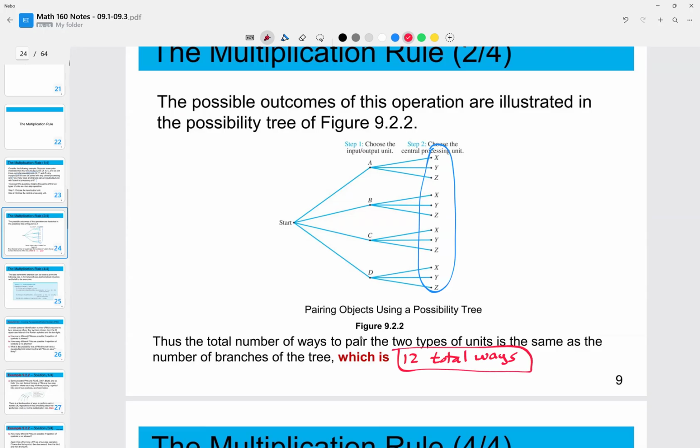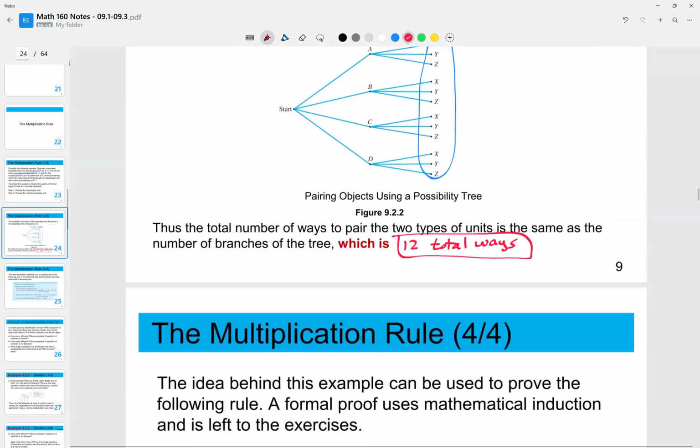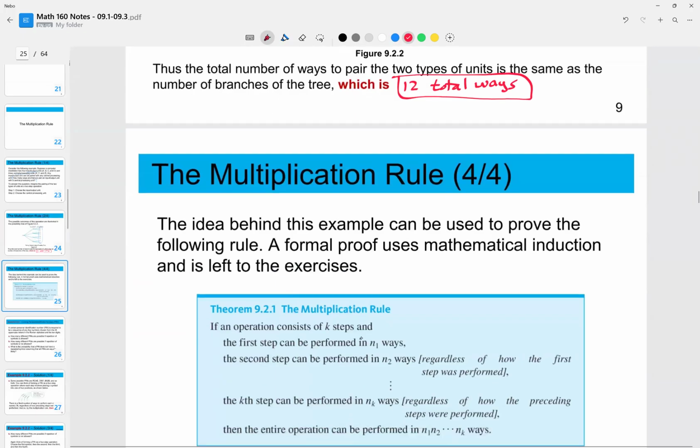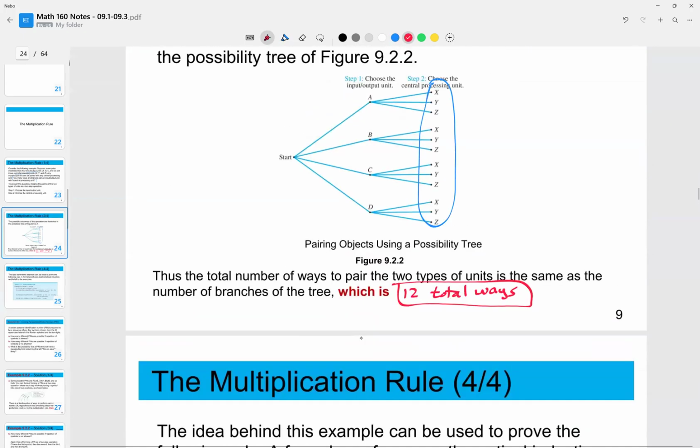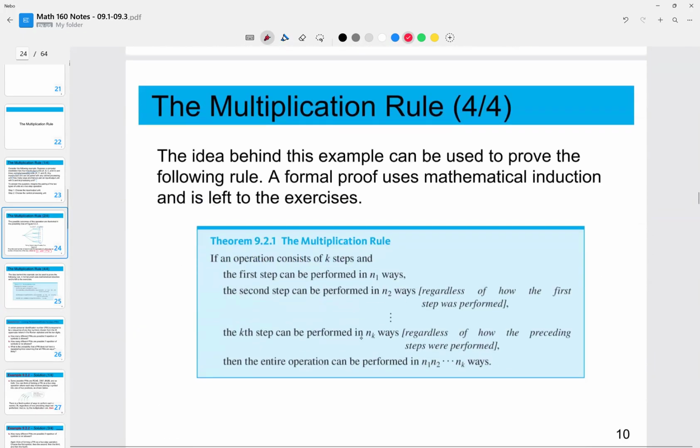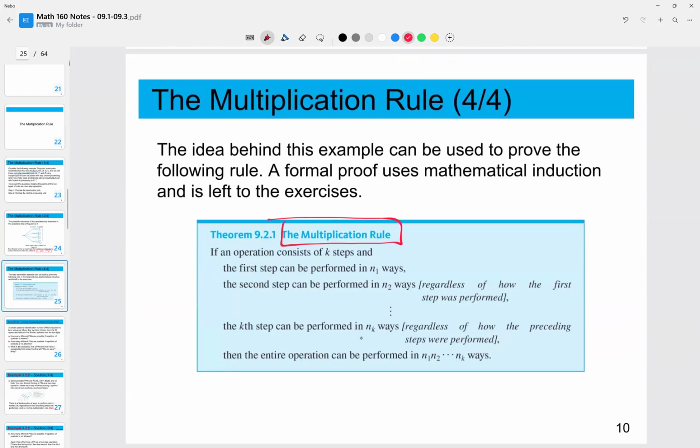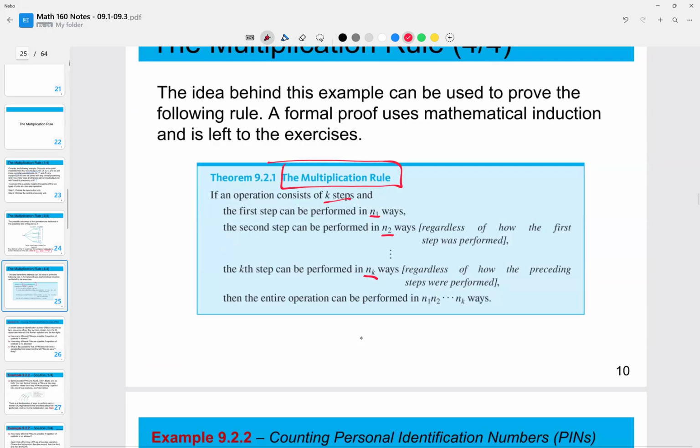And that's what's really cool about trees. If you can draw it out like this, it makes it really stupidly easy, which is nice. Drawing this tree is a general application of what's called the multiplication rule. If you have k steps and each step can be performed in a certain number of ways, then for the entire operation, all you do is multiply these ways.